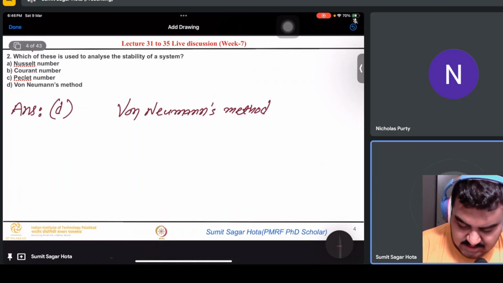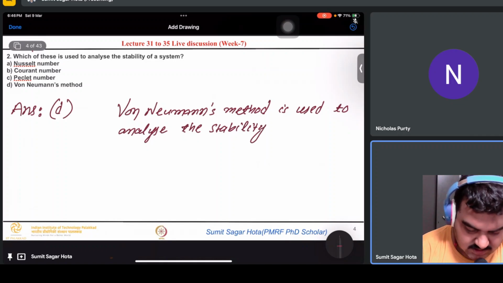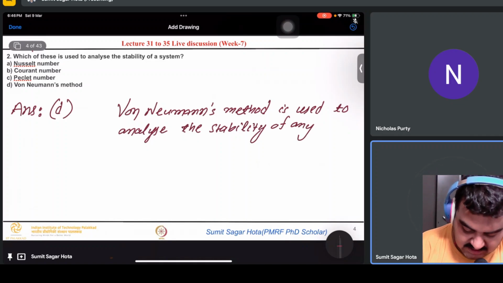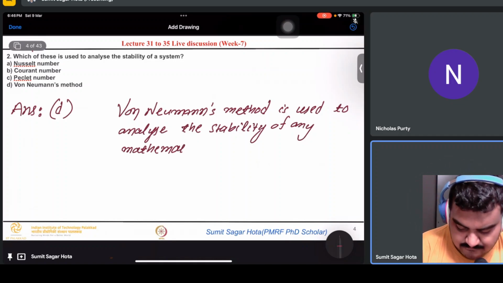Von Neumann's stability method analyzes the stability of any mathematical system.